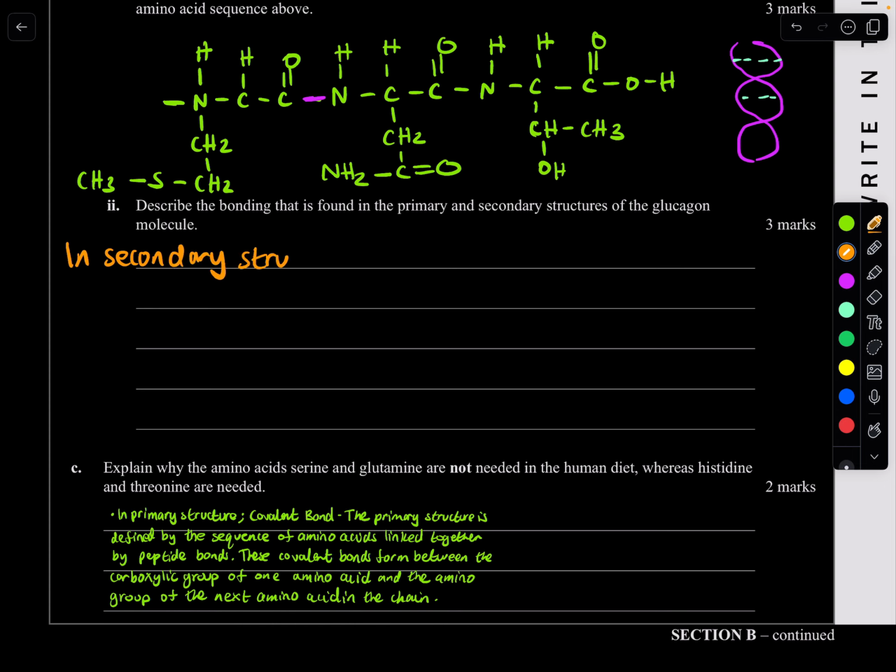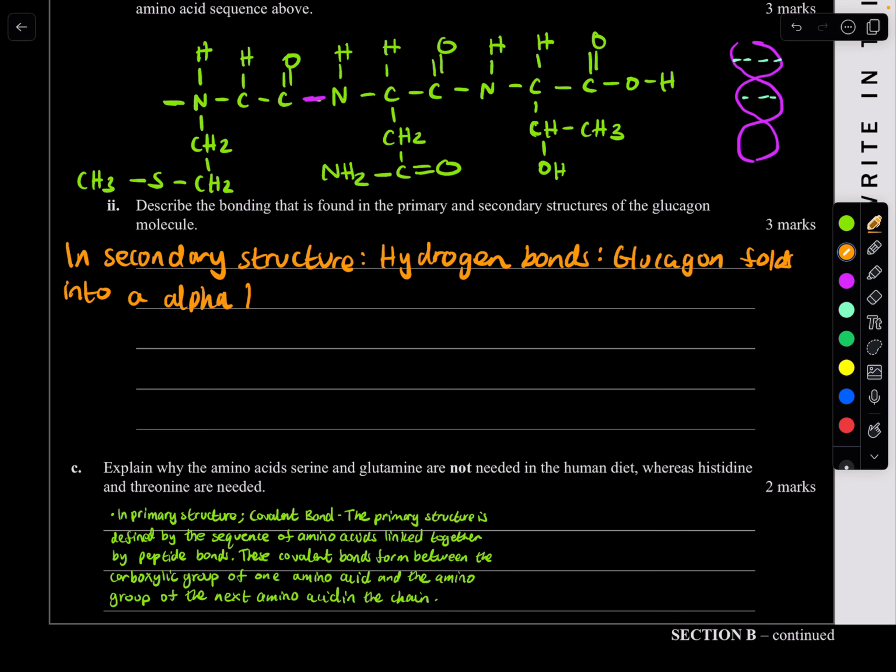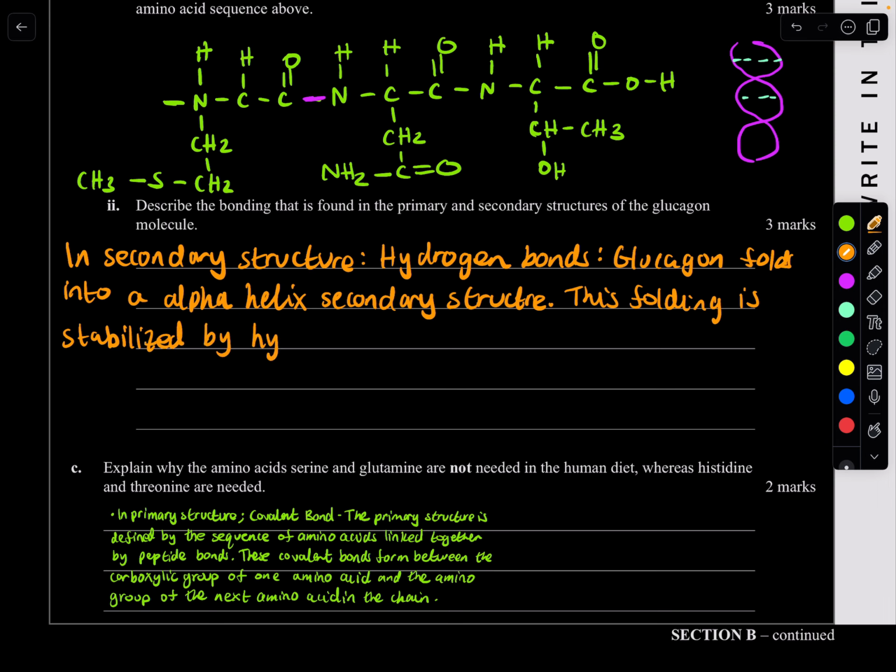So in the secondary structure, which are your hydrogen bonds, glucagon folds into an alpha helix secondary structure, and this folding is stabilized by hydrogen bonding.